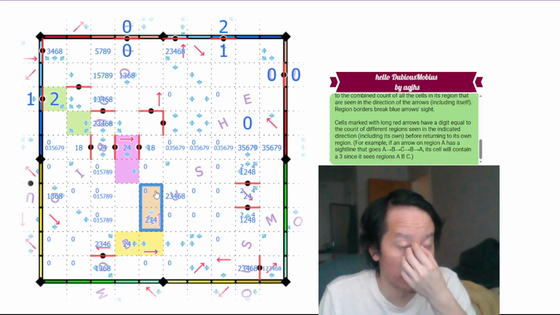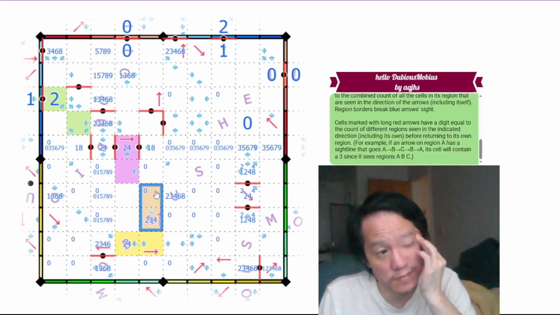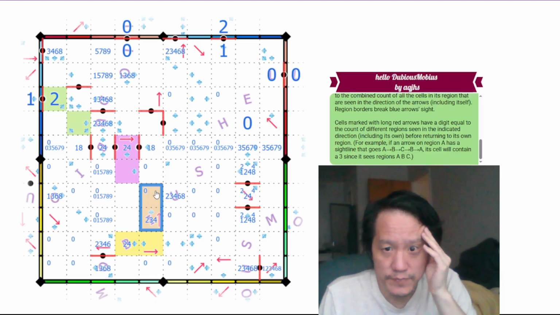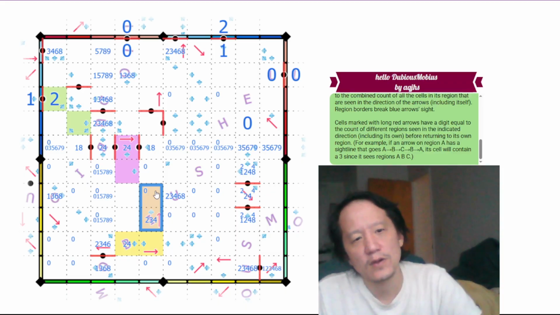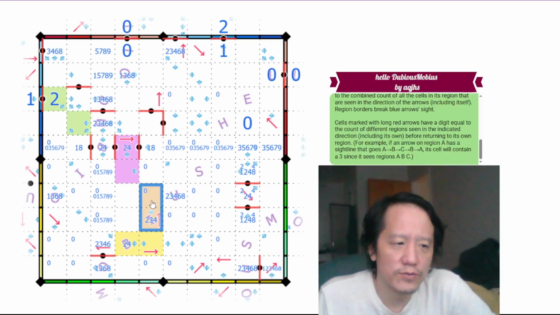If it only sees one region, it must include the region like it before returning to its own region.